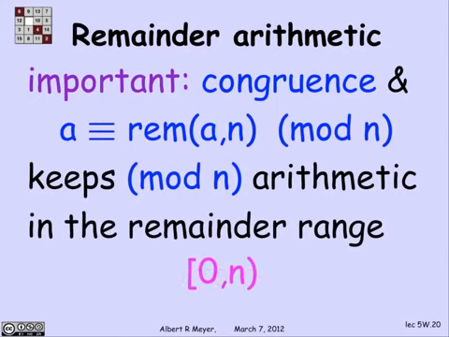And we use this standard closed-open interval notation to mean the interval from 0 to n. It's sometimes used in analysis to mean the real interval, but we're always talking about integers. So the square bracket means 0 is included, and the round parenthesis means that n is excluded. That's exactly a description of the integers that are greater than or equal to 0 and less than n.